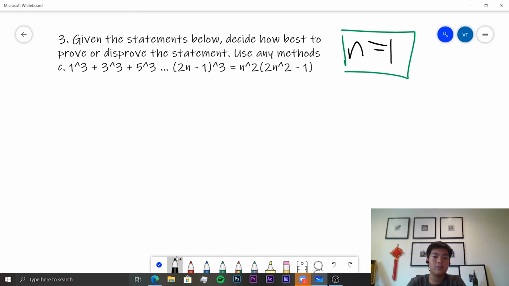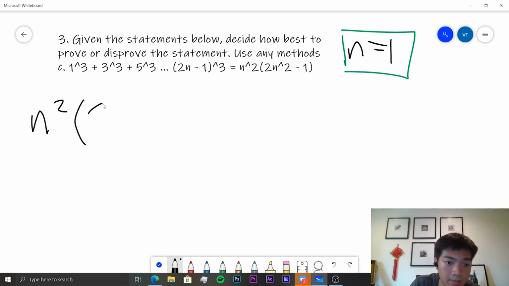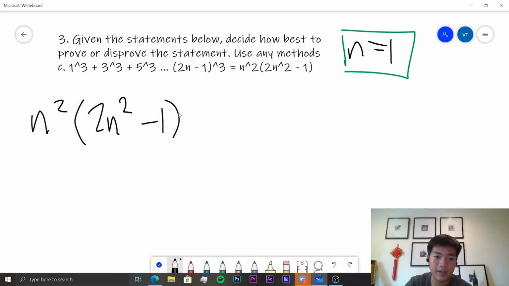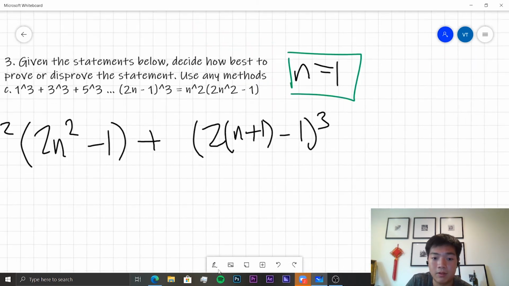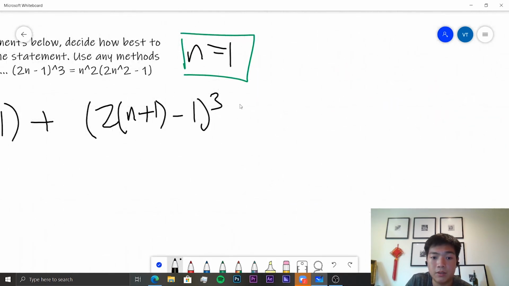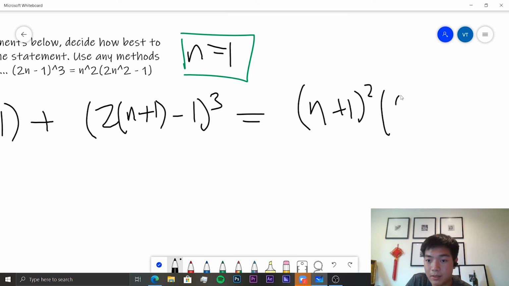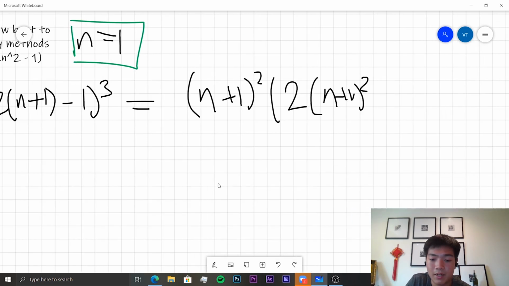So assuming this is true for some n, we can say that n squared times (2n squared minus 1), which is the sum of all of the previous cubes of odd numbers, plus the current, the n plus 1 cube, so (2 times (n plus 1) minus 1) cubed, should be equal to (n plus 1) squared times (2 times (n plus 1) squared minus 1).